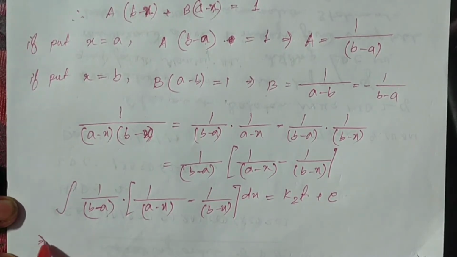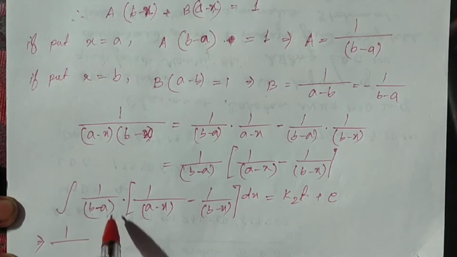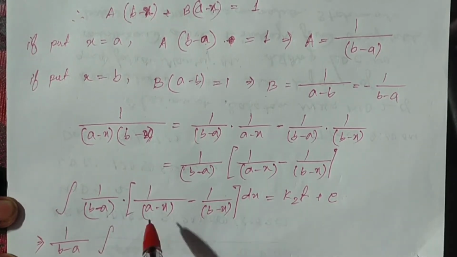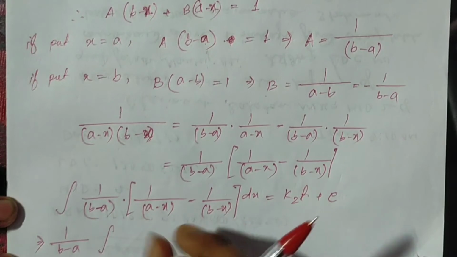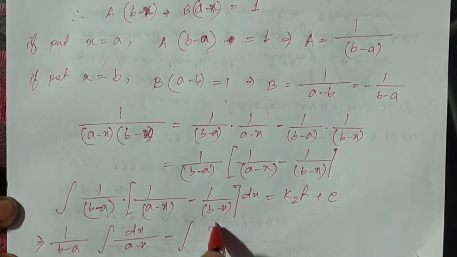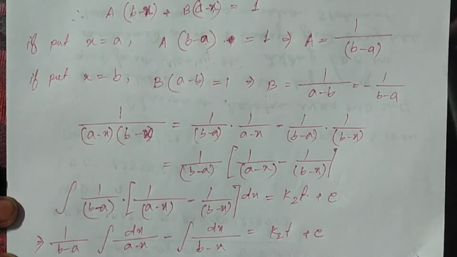Okay, so here this is constant, so we will bring that outside, 1 by (b minus a), and we will write separately these two things: integration of dx by (a minus x) minus integration of dx by (b minus x) is equal to k2t plus c.